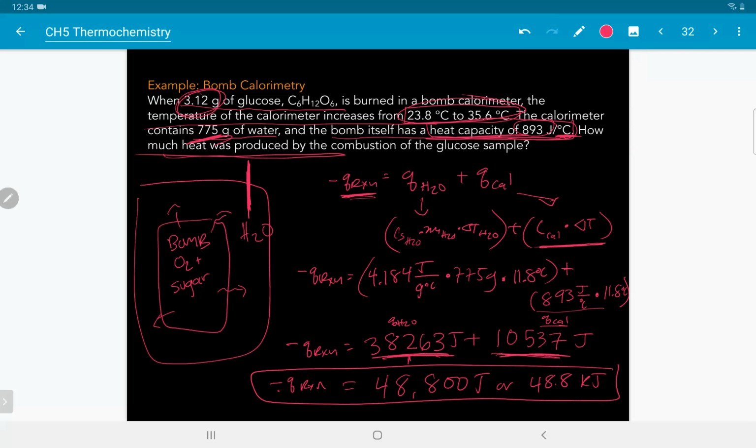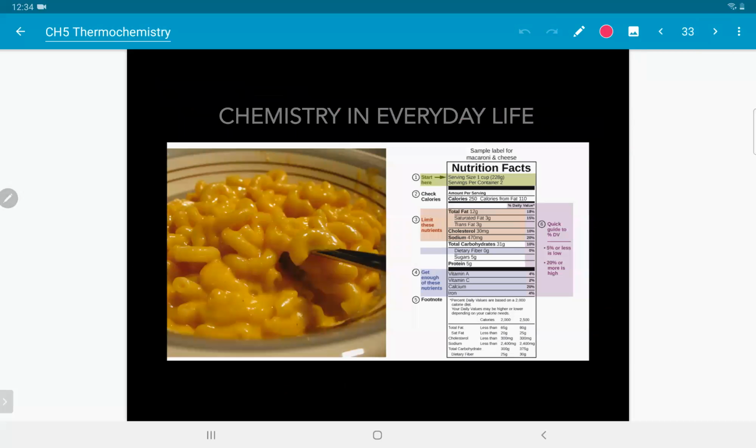And remember, it's negative because it's releasing that energy. With that said, that finishes up the section on calorimetry.